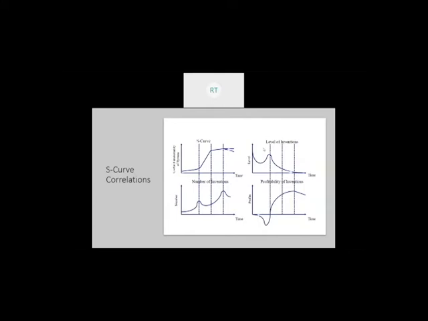Now, at various positions on the S curve, you can relate it to the level of inventions that are happening in that particular domain, the number of inventions that are coming up in that domain, and the profitability that you're deriving from the product that is lying on that specific position on the S curve.